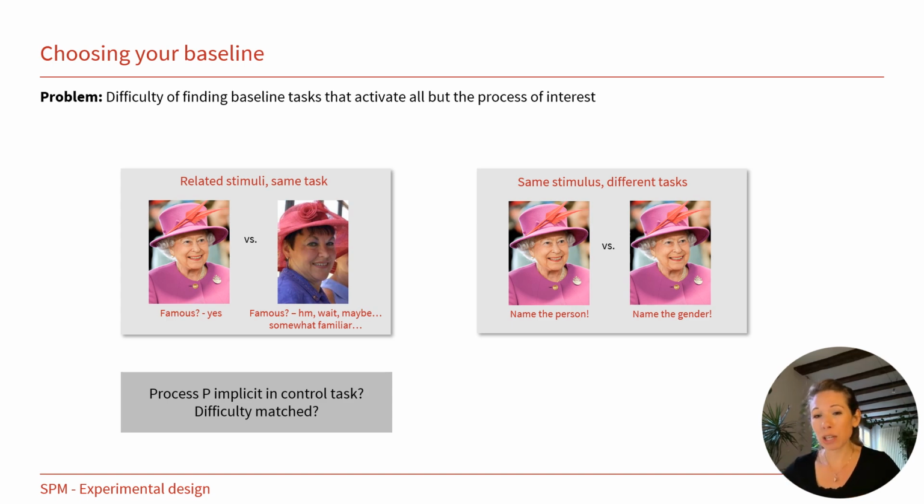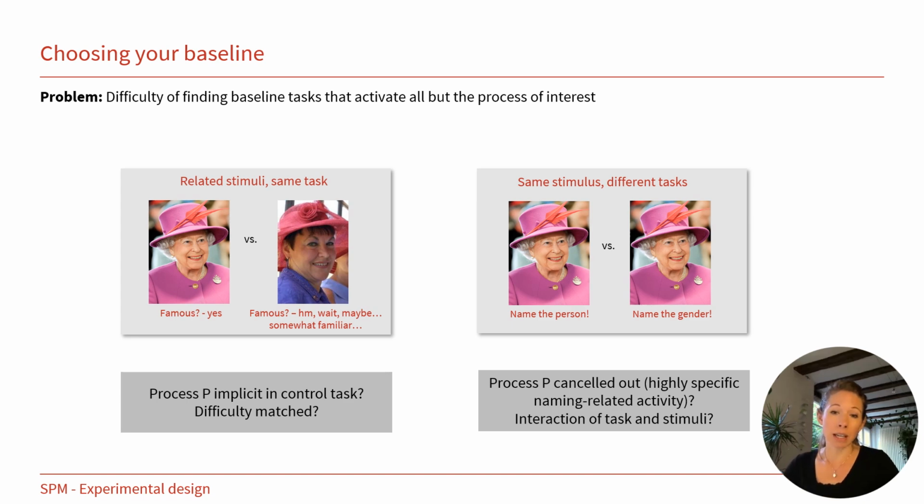But of course, also here, subjects might engage in face recognition in the control condition as well. And also, there might be a problem of showing the same stimulus twice. Seeing the same stimulus a second time might lead to changes in the functional activation, which we call interaction effect, interaction with time, which I come to in a few slides.